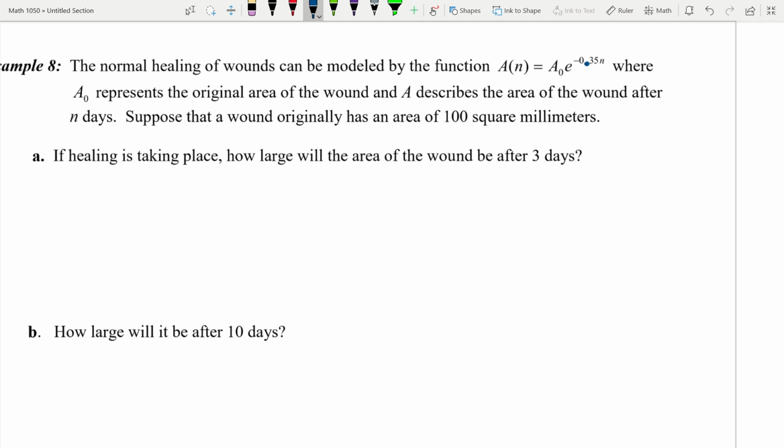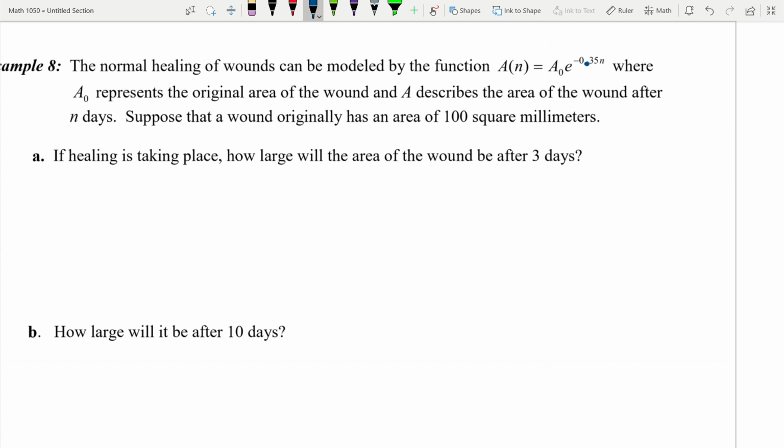Okay, everybody listen, this is a true application of exponentials. You fall down and you get hurt and you have a wound, an abrasion like road rash or whatever. Then if everything's going great, if your body's healthy and you're taking care of it, what happens to your wound? It gets bigger or smaller? Gets smaller. What in that equation shows you clearly that the wound is getting smaller?